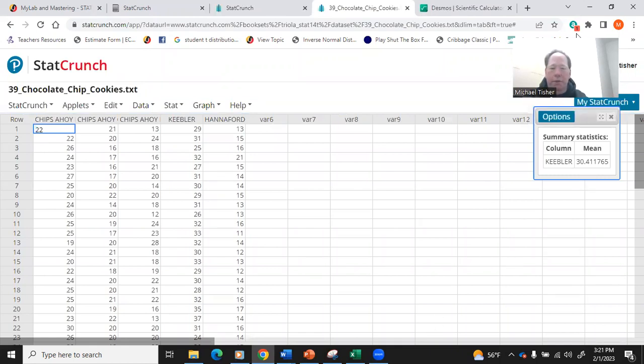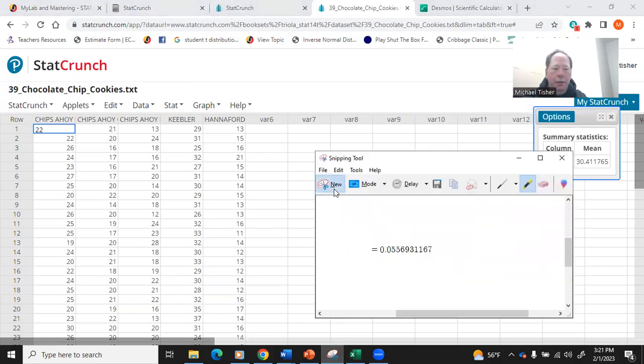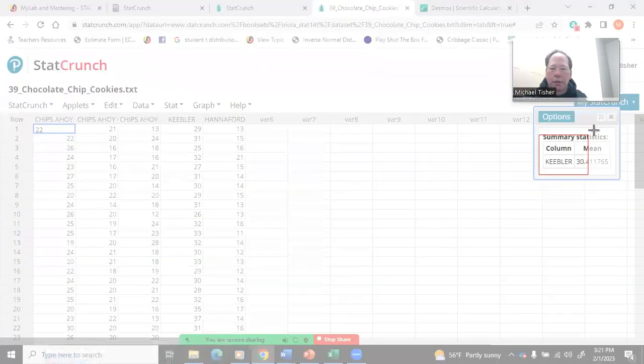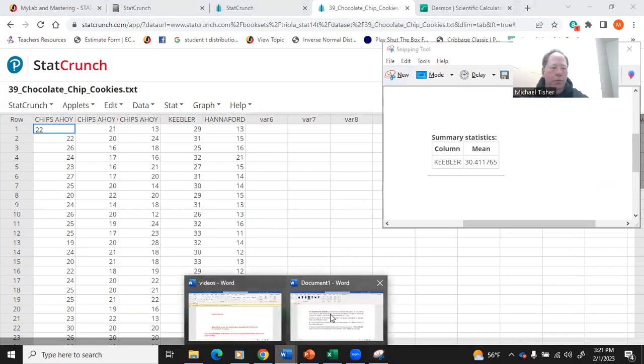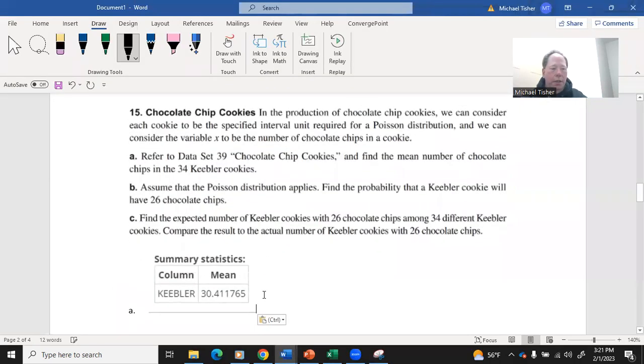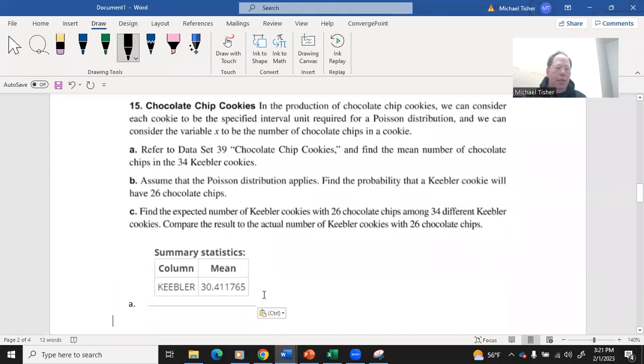We have the mean here of 30.411765. All right, so let's answer the A part then. The mean is 30.411765.